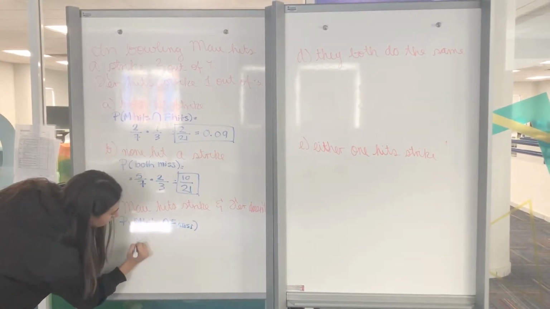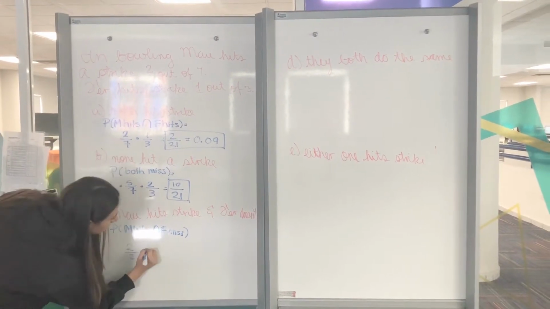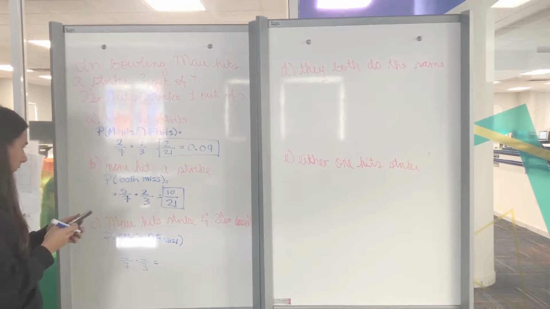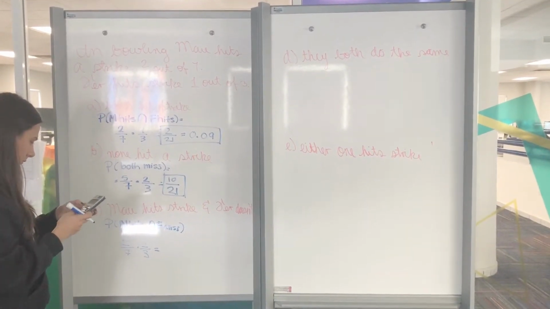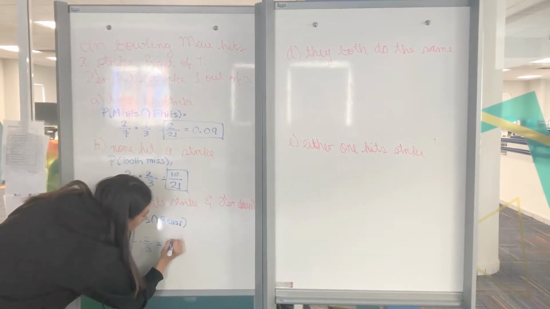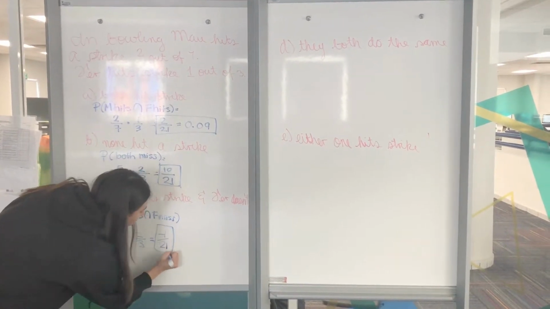And then we're gonna place 2 over 7 times 2 over 3, and the result is 4 over 21, and you can place it in a fraction or you can place it in a decimal.